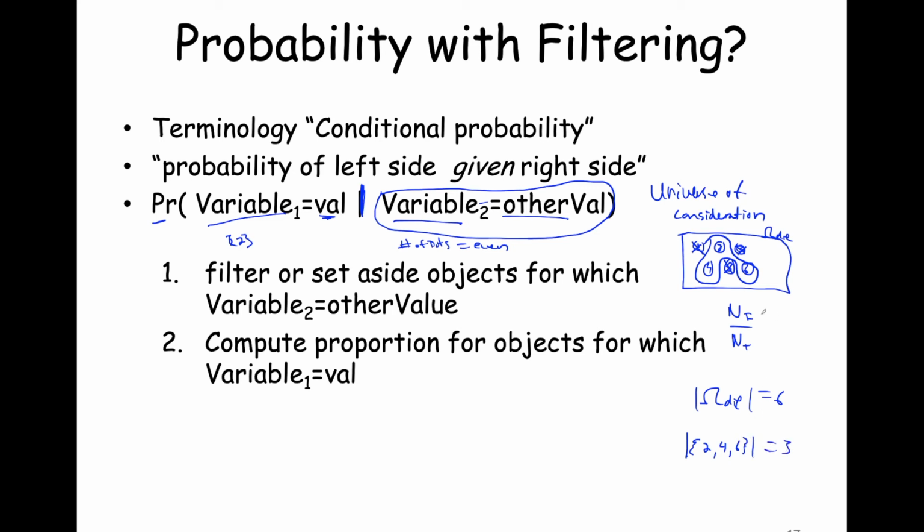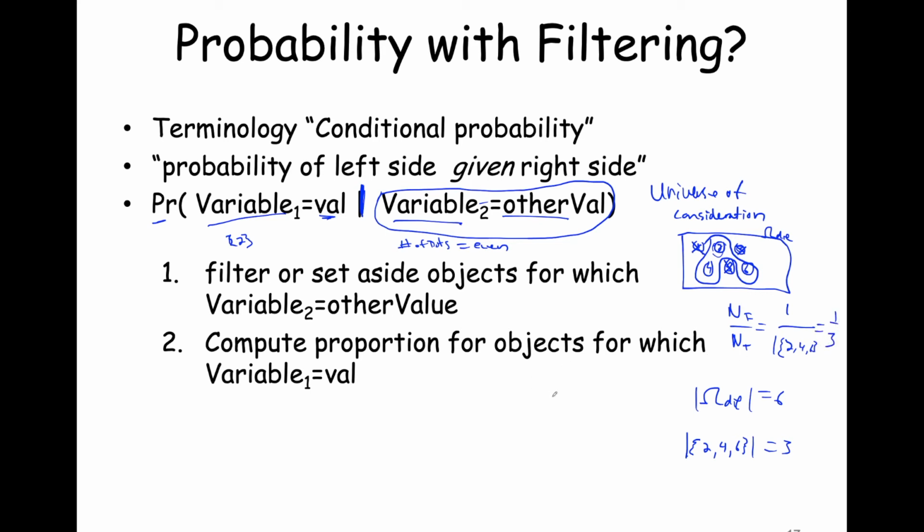So when I compute this new probability of the 2 outcome, given that the number of dots is even, my number favorable is 1, because I only have one item, 2, over the cardinality of that new universe of consideration, 2, 4, 6, which is just equal to 1/3.